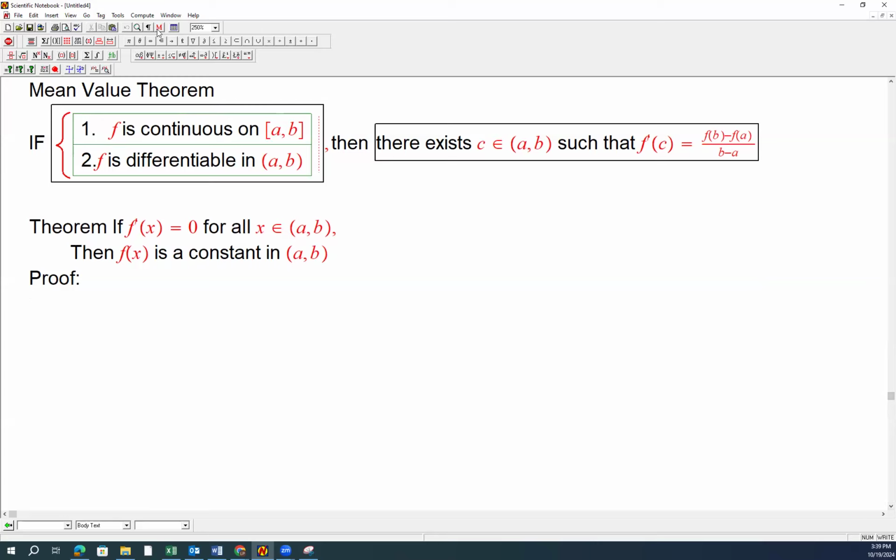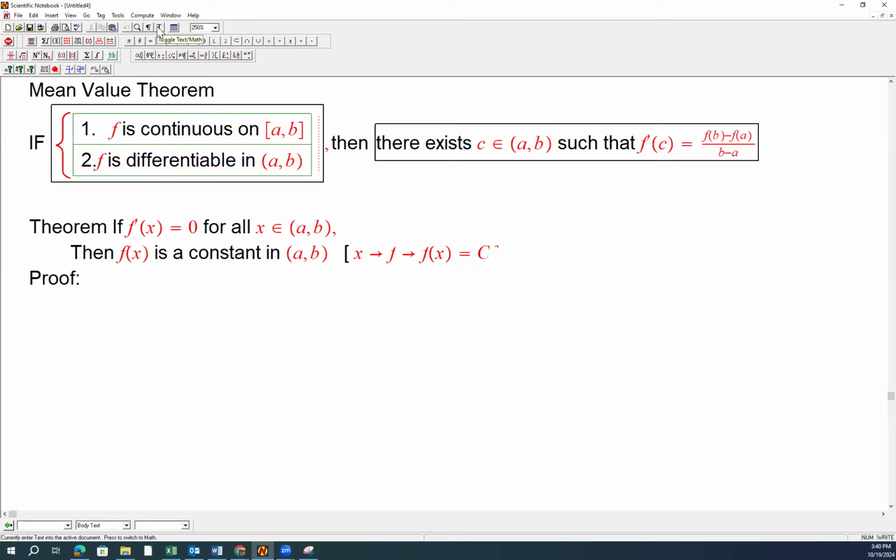A constant means for any input, and in our case the input is from this interval, the input is supplied to the function, it produces output, and the output, no matter what the input, is always a constant.